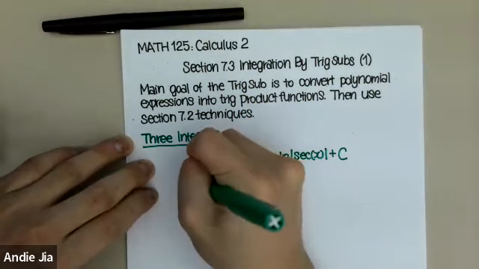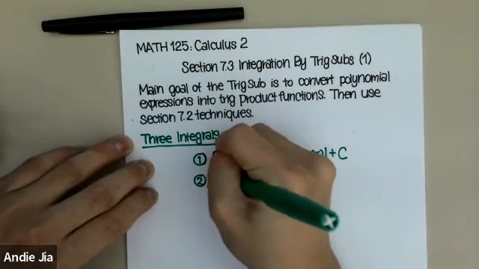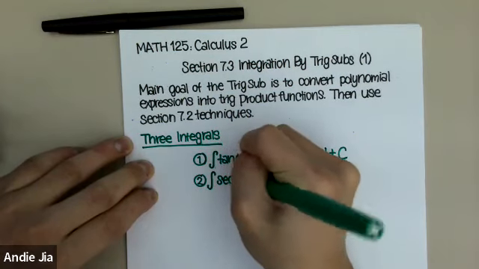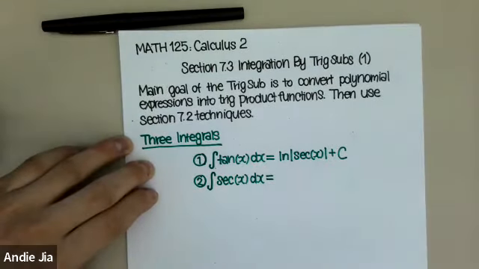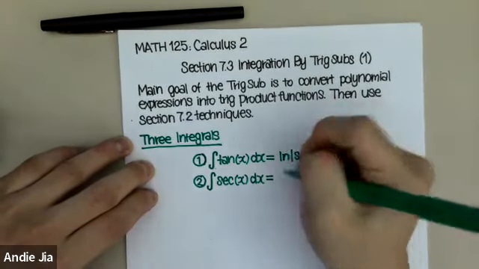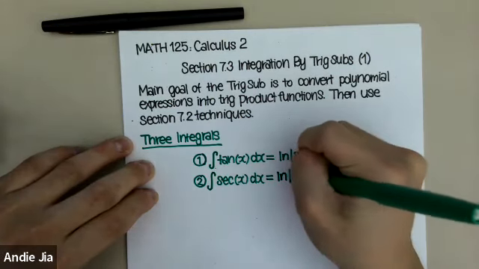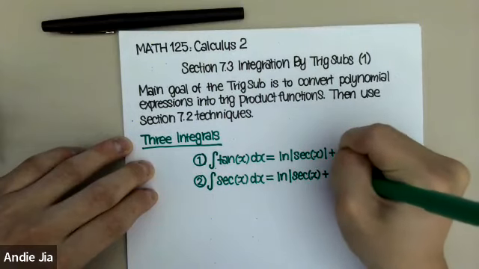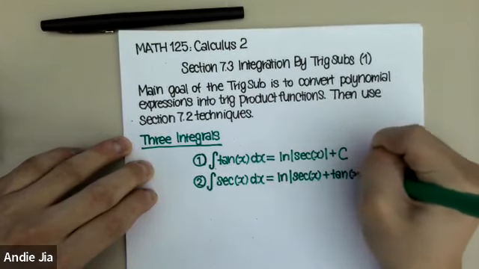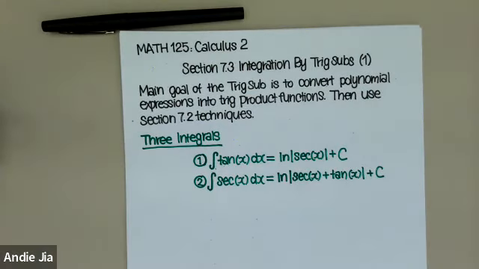Number 2: the integral of secant of x dx is the natural log of the absolute value of secant plus tangent, plus the constant of integration. And the last one is secant cubed.